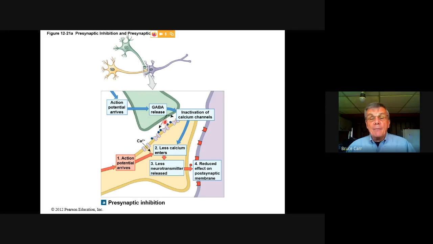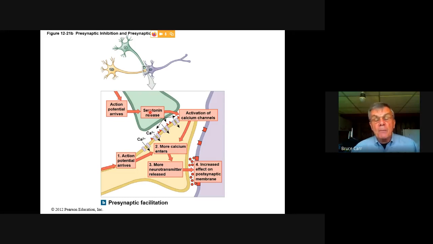The effect of GABA is that it inactivates or blocks these calcium channels. So this is an example of presynaptic inhibition. If we block these channels, less calcium enters, less neurotransmitter is released, and we reduce the effect on the postsynaptic membrane.